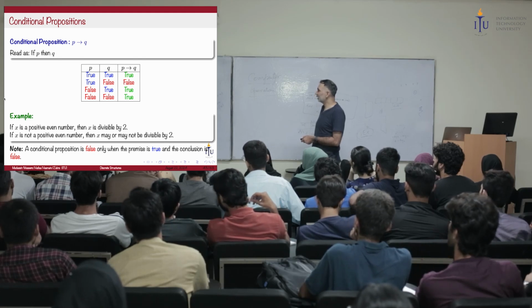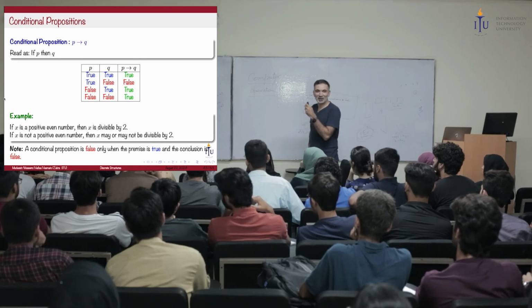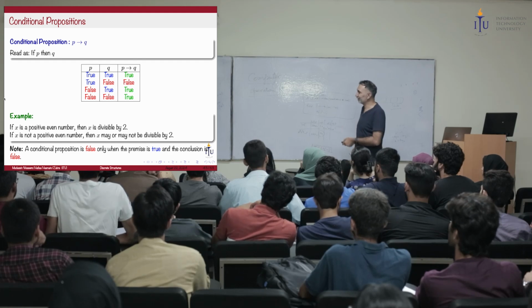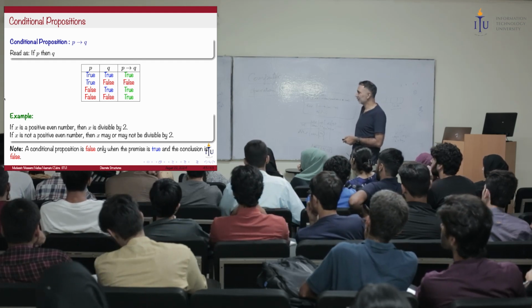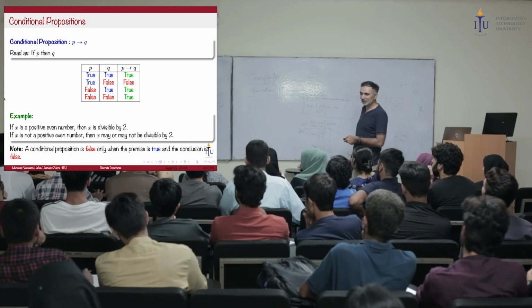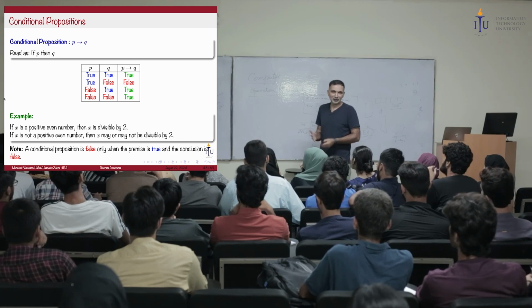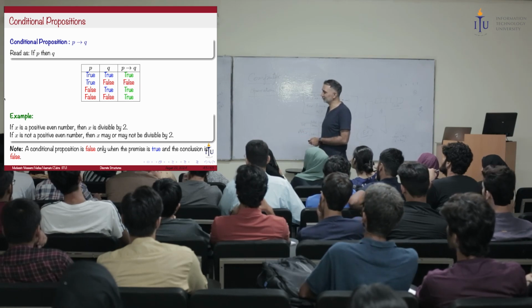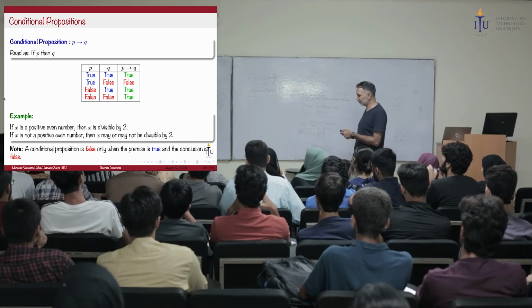So what am I saying? Let's read it again. It says that if x is not a positive even number, then x may or may not be divisible by 2. Is it true or false? It's vacuously true. I'm not promising anything. I'm saying this could happen or this could happen. Right? The statement is true.